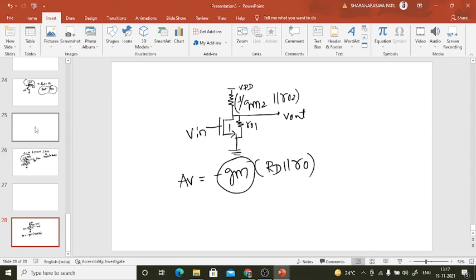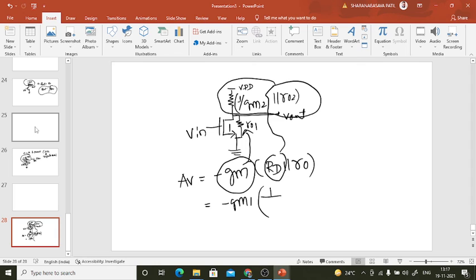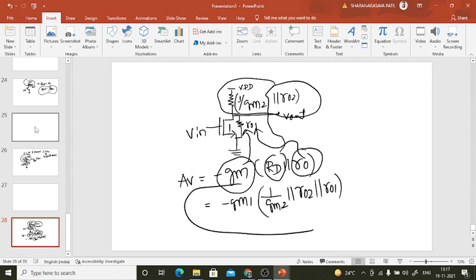This Gm is the Gm of this transistor, so it will give minus Gm1. This RD is the drain resistance, meaning this whole thing, so it will give 1 divided by Gm2 parallel with R0 2. This R0 is this resistance, so that will be in parallel with R0 1. So the gain is minus Gm1 into 1 by Gm2 parallel with R0 2 parallel with R0 1. This is the gain when channel length modulation is given.